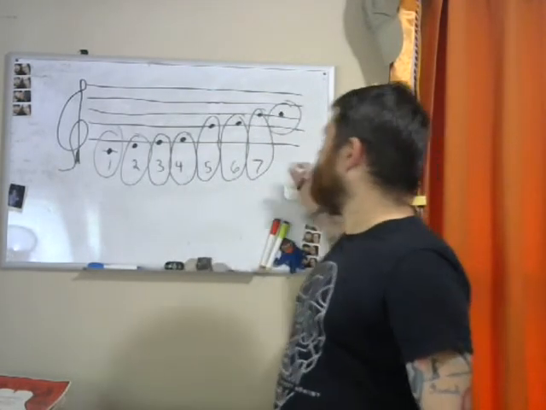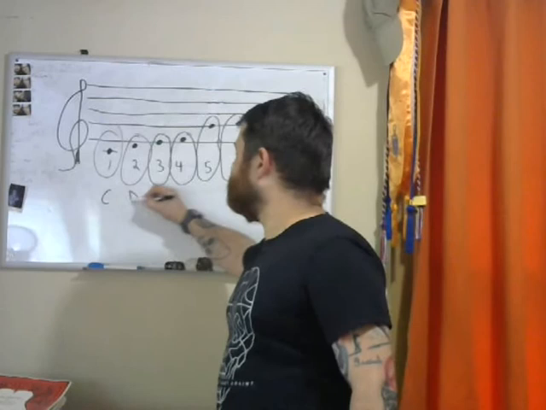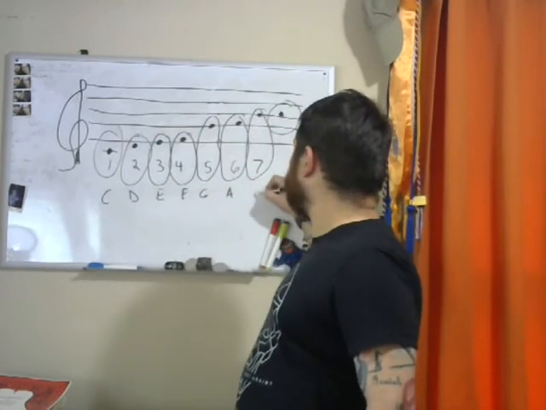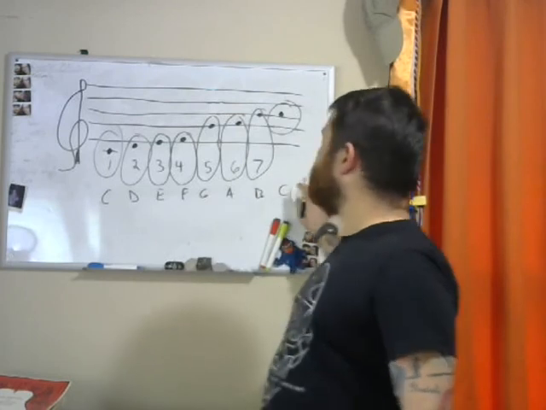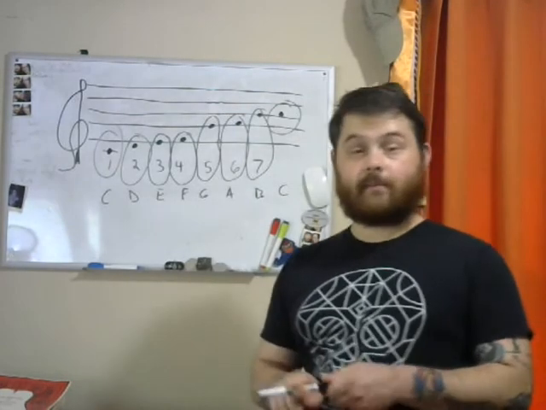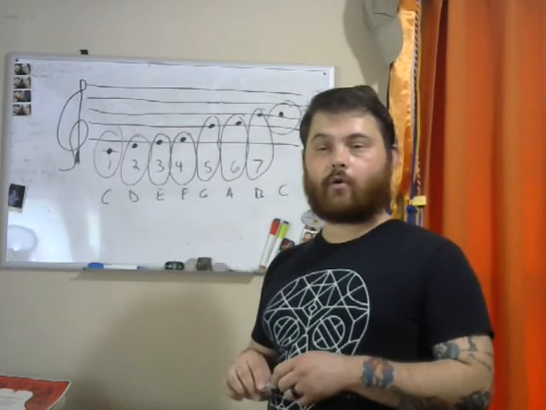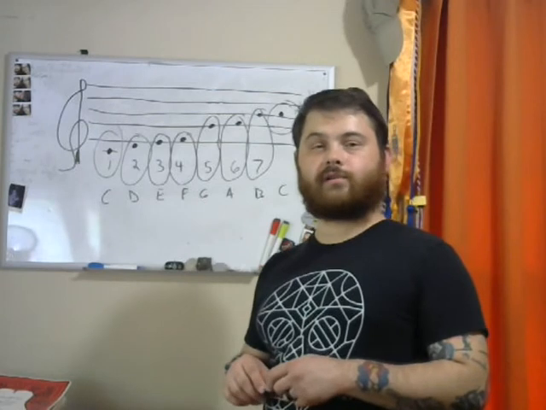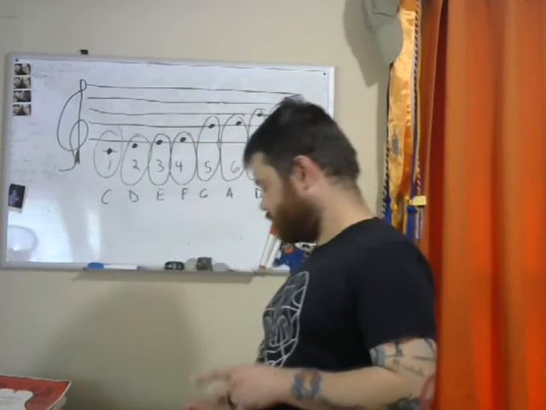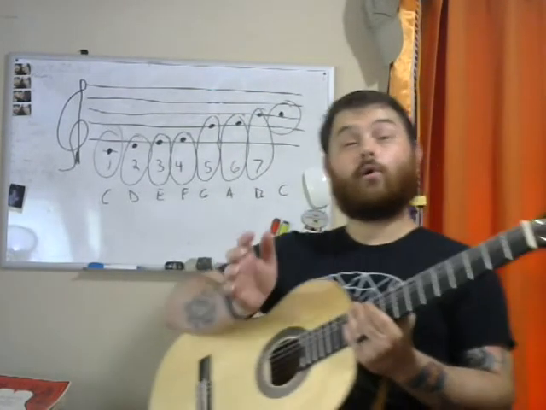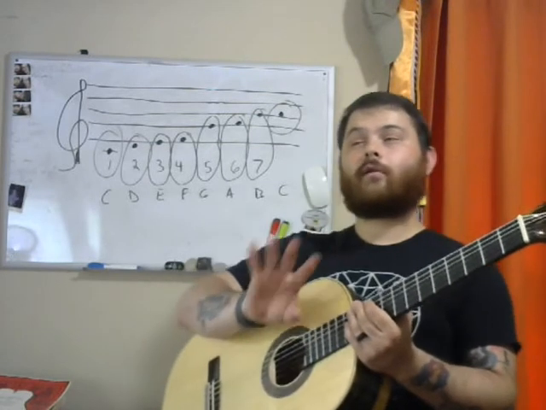Alright, so what does that mean? C, D, E, F, G, A, B, and C. I'll give you some examples. We're going to talk further in another video about chords, but this is going to introduce the idea of chords. The way that I like to think of this is in pull, or where the notes like to move to.